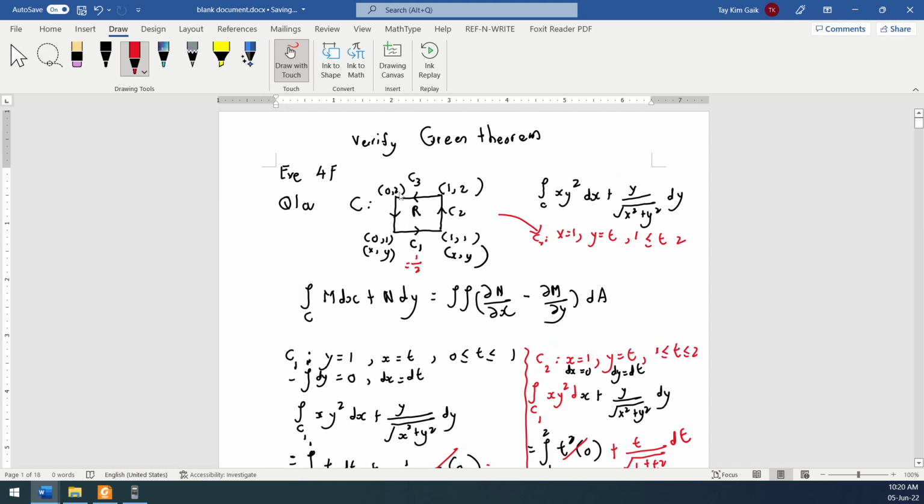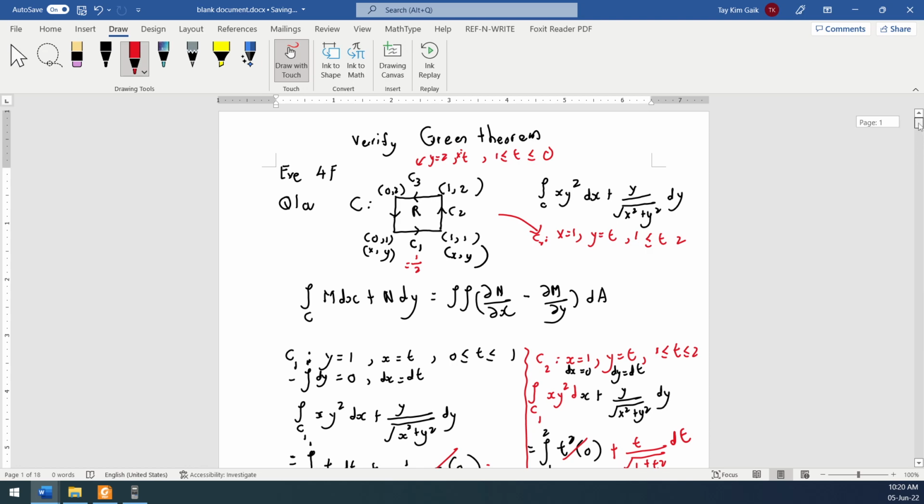Observe C3, y is constant. C3, y is constant, y equal to 2. X equal to t, because x goes from 1 to 0, so t goes from 1 to 0.